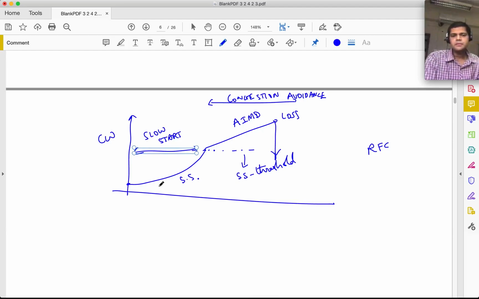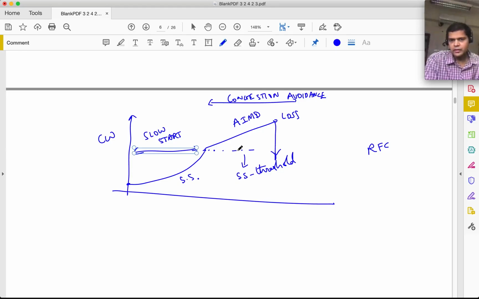Different TCP flavors will do slightly different things. Maybe the initial window may be set differently, or this SS threshold may be set differently, and so on. But for a long time, this was what TCP used, and of course the latest versions do something more tricky. They do have something like a slow start here, but they slow down a little bit before this SS threshold.